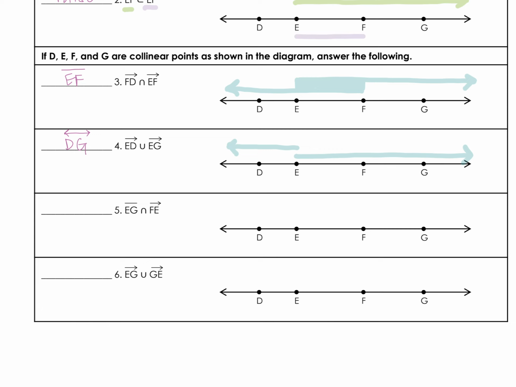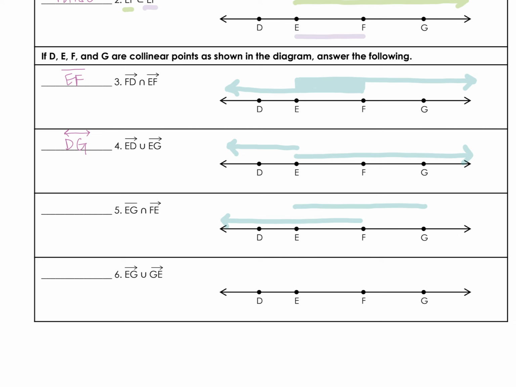Okay, next one, number 5, we have the intersection of segment EG and ray FE. Intersection, once again, that's the overlap.